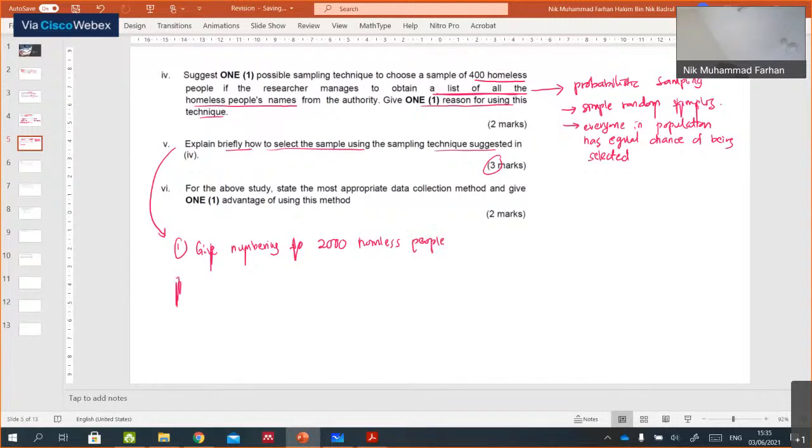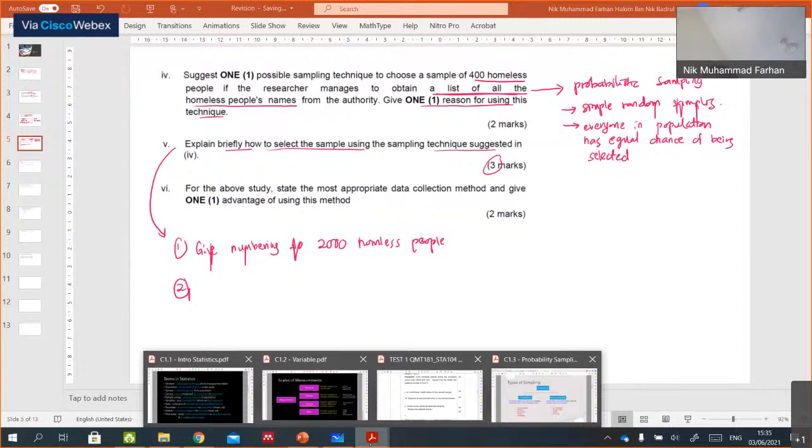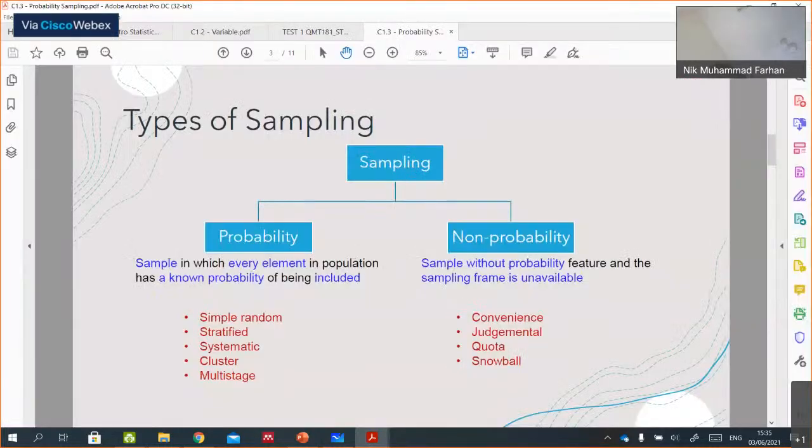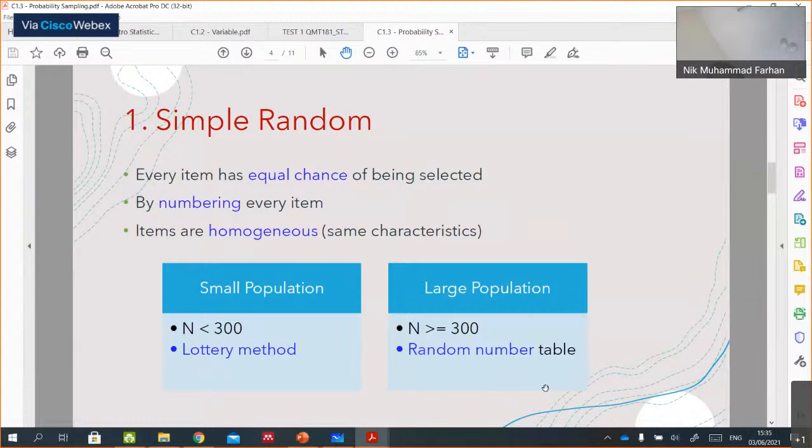Kita numberkan dia. Lepas tu kita buat apa? Alright, you have to use lottery method or random number table. So in this case, refer back to your notes. So when you deal with simple random, when the population is known, you have to use the random number table.